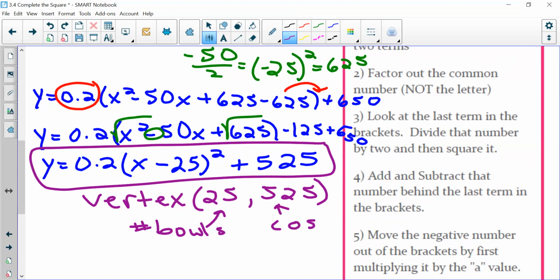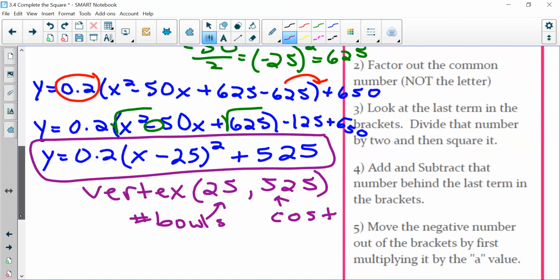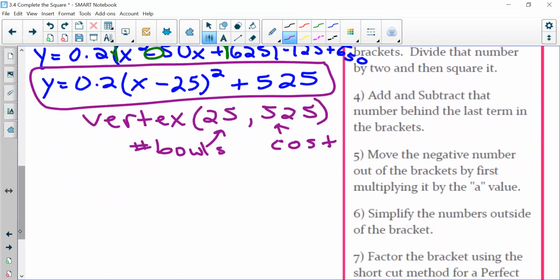The question is asking you, how does this company minimize their daily production cost? So I need a therefore statement. How does this company minimize their daily production cost? Sasha. Therefore, we should make 25 bowls a day.